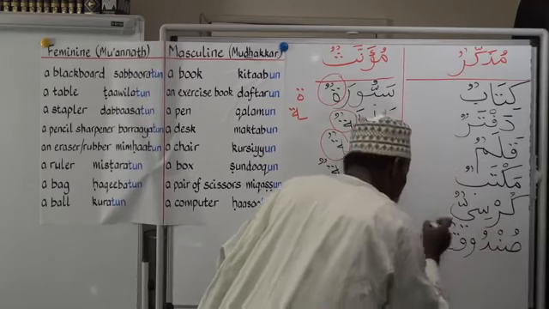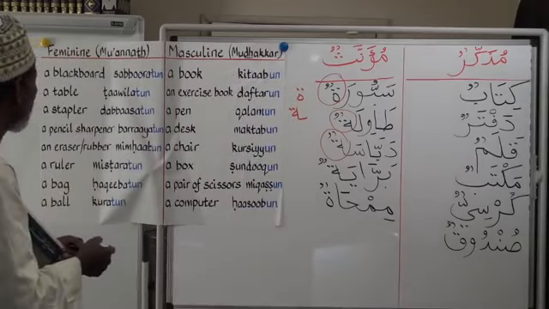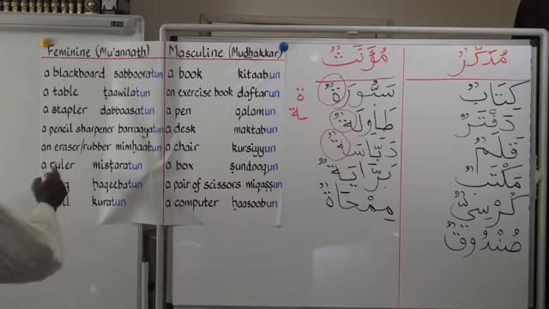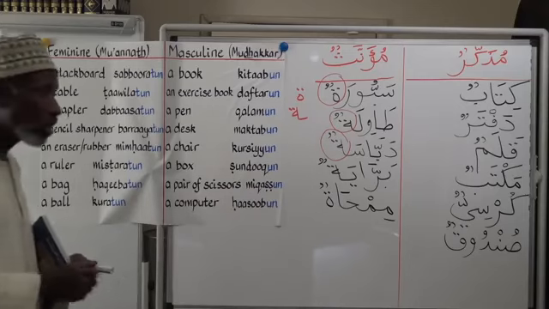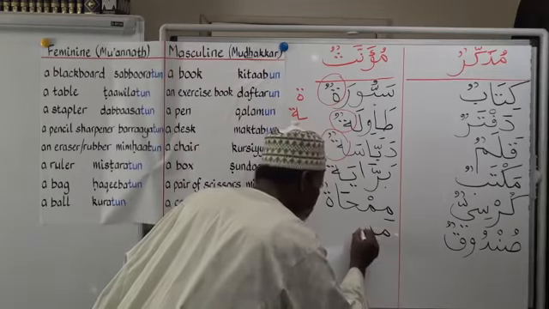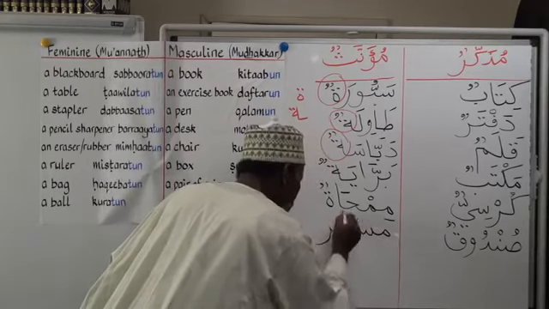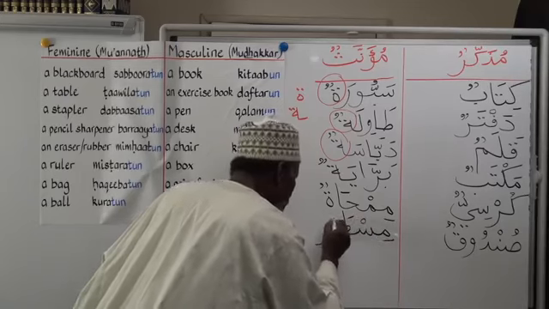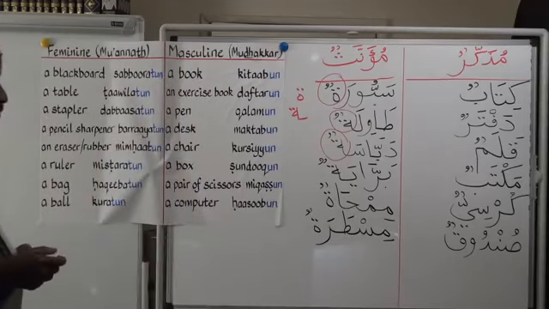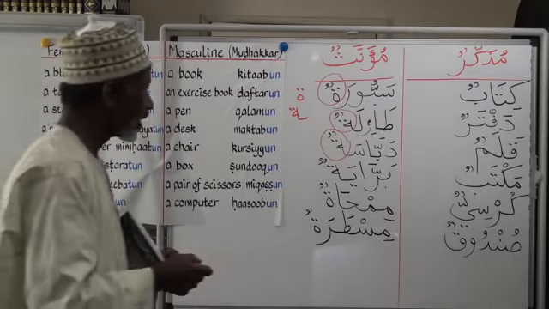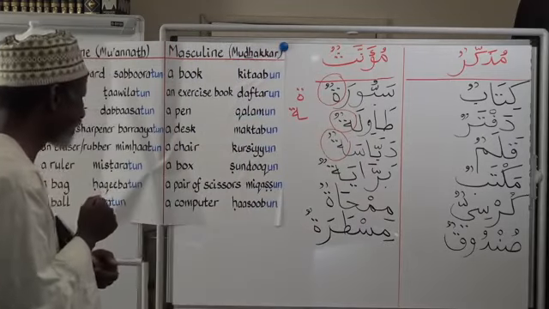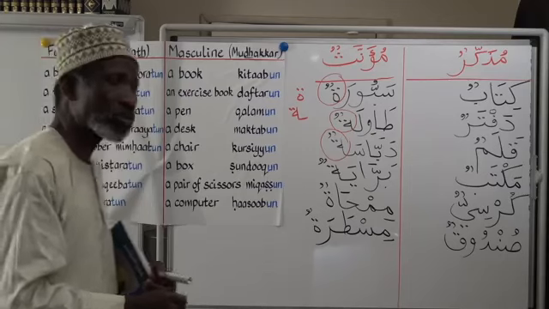Let's look at the next under the muannath, which is a ruler. Mistaratun. A ruler.